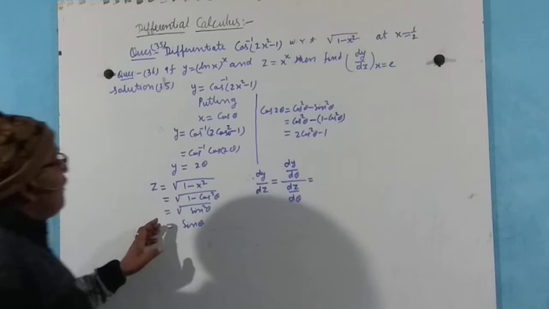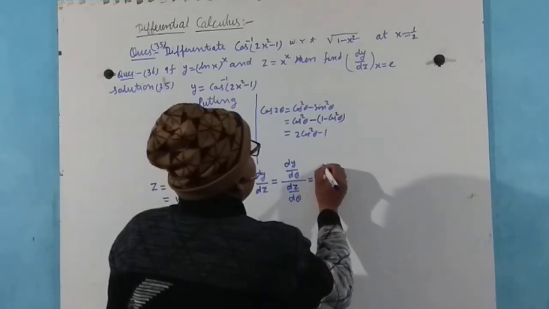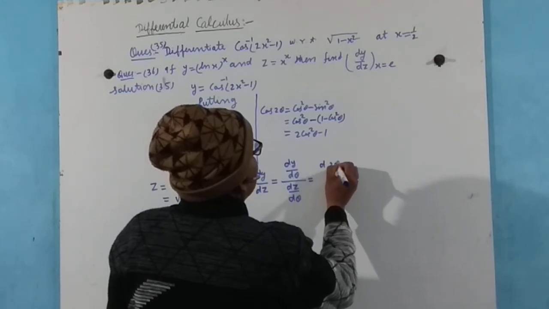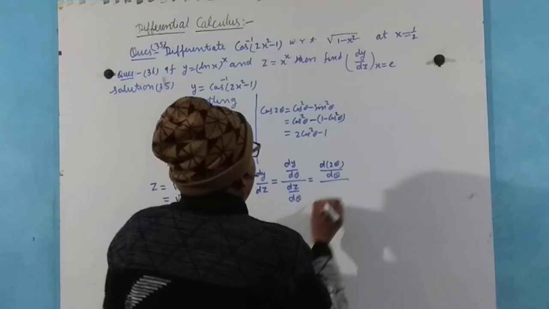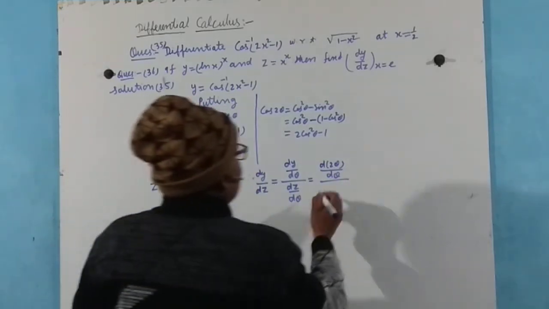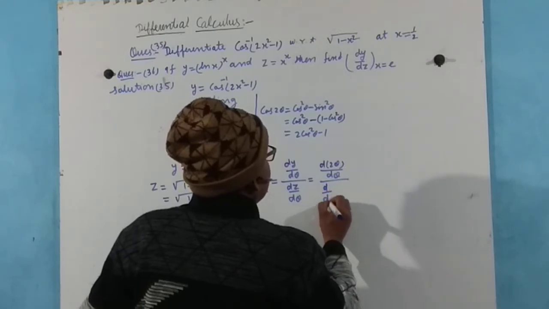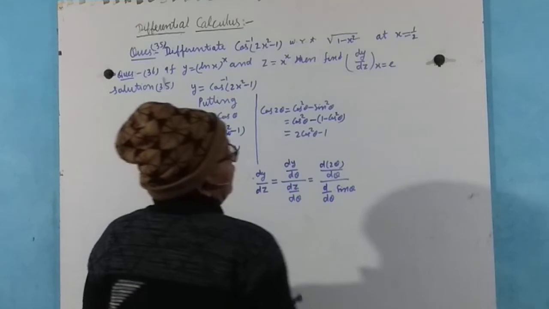Now y equal to 2 theta, so d(2 theta) by d theta, and z equal to sin theta, so d by d theta of sin theta.